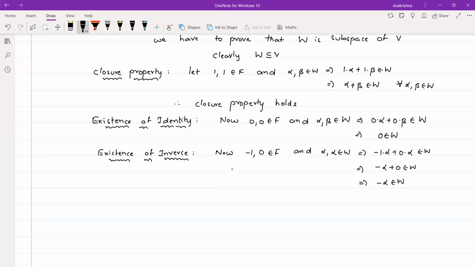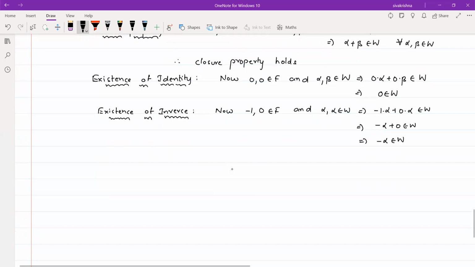I consider alpha in W, so that I get minus alpha belongs to W. In place of alpha, if you consider beta, then also we get minus beta belongs to W. Or any other element gamma, then also we get minus gamma belongs to W. So this is the inverse property. We have to consider only one element there, not two elements. Therefore, the inverse property holds.